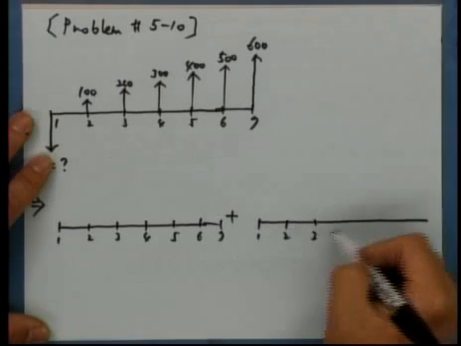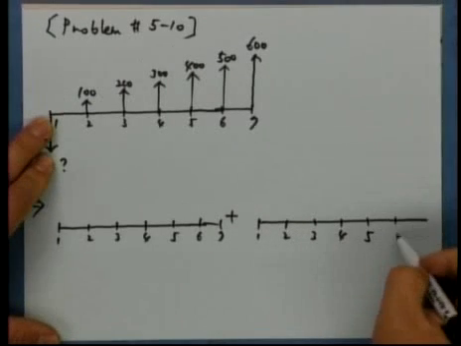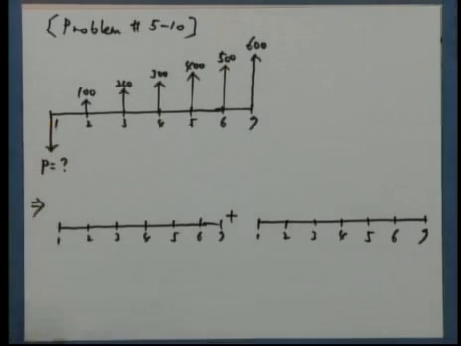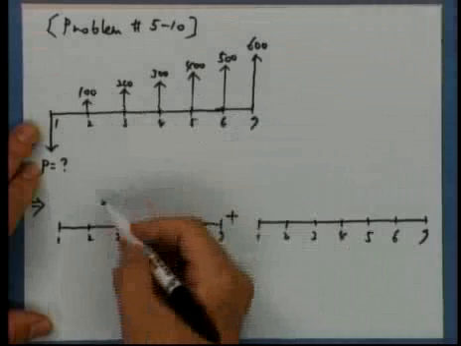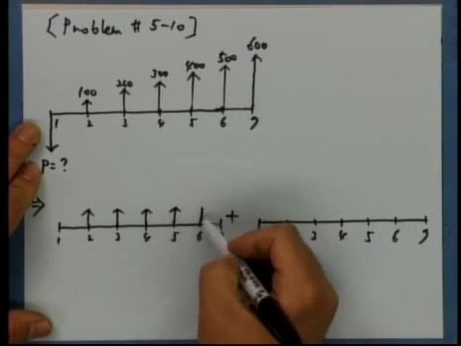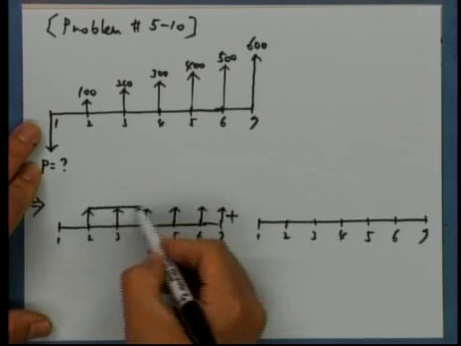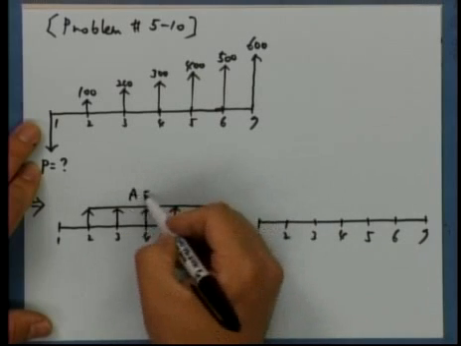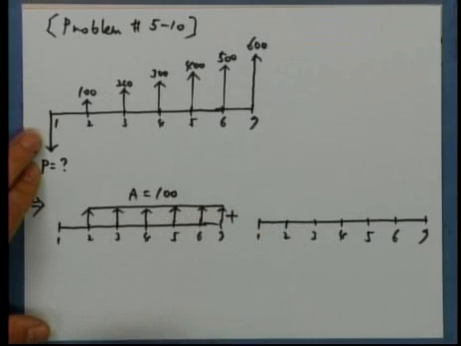Okay? So if you take out 100 from each period, you will have a uniform series of $100, right?